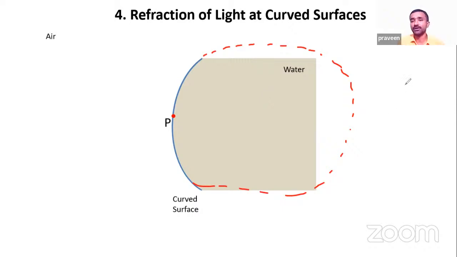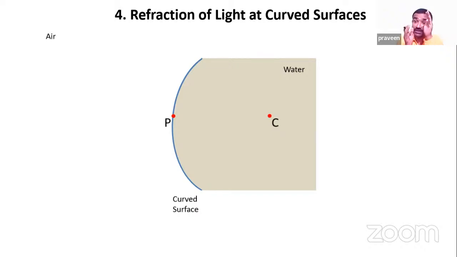A circle shape, which has a center. That center is the center of curvature for the arc. So you have the curved surface, the pole and the center of curvature. The pole is the midpoint on the curvature.